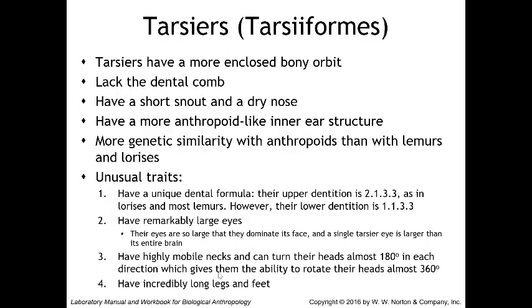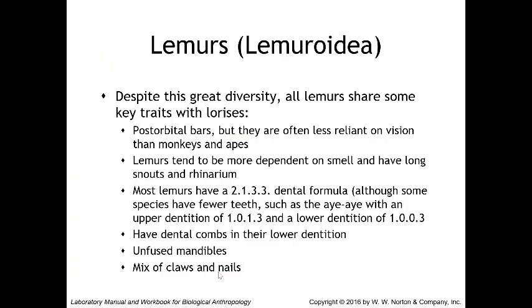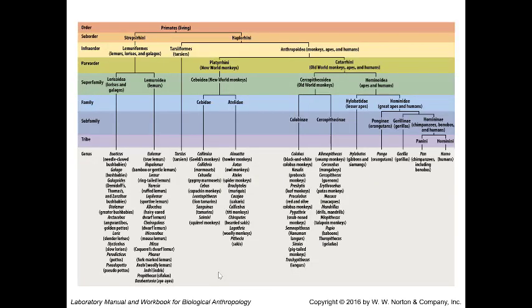The similarities that they share with the anthropoids, right, is that they have a more enclosed bony orbit. They don't have a post-orbital bar. So what I would do, and I'm going to go back here, is I keep this here, and now I have determined that both of these, the lorises and the lemurs, have a post-orbital bar. Anything outside of this then will not have a post-orbital bar.